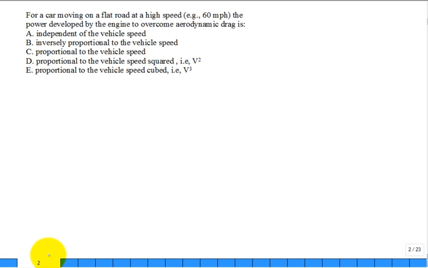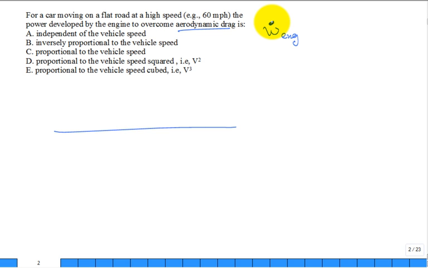For a car moving on a flat road, so this is our car, flat road, at a high rate of speed, let's say you're going at 60 miles per hour. The power developed by the engine to overcome aerodynamic drag is? So you're thinking about the W dot of the engine. The engine is running and it's producing some power.